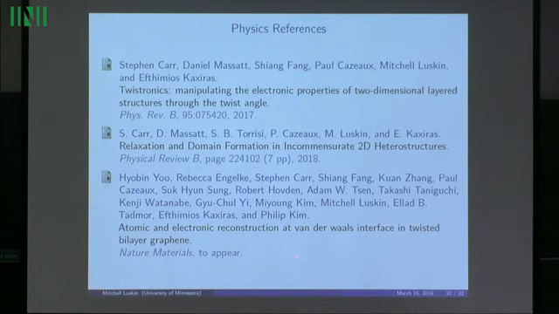This paper here, Twistronics, introduces the approach I just described, through local configuration, into the physics community. This word Twistronics seems to have entered the vocabulary. You can always throw a "tronics" onto something, and that stuck.